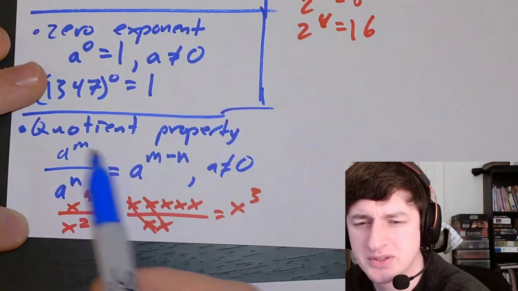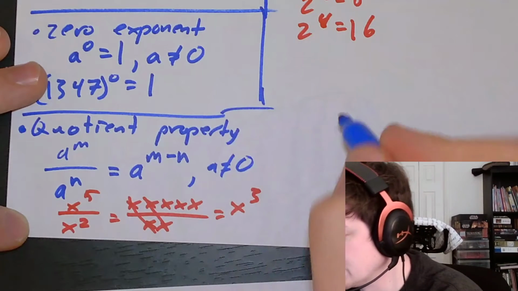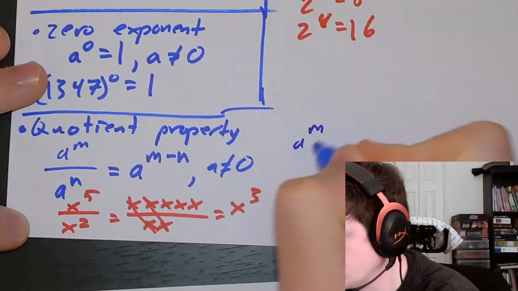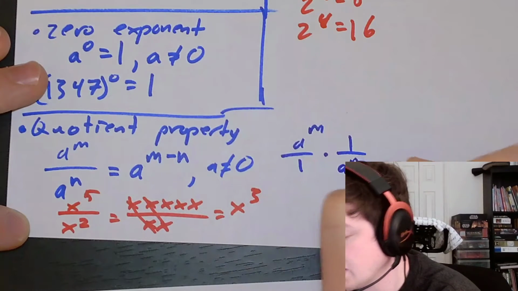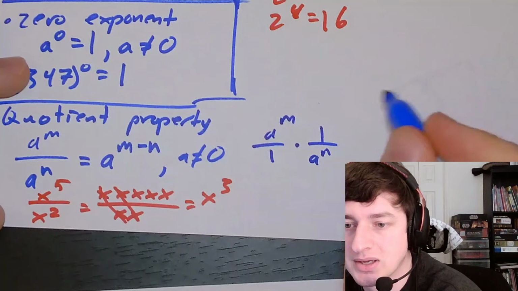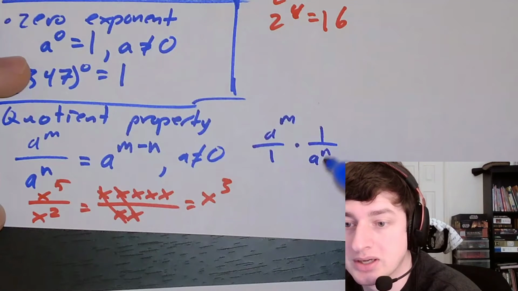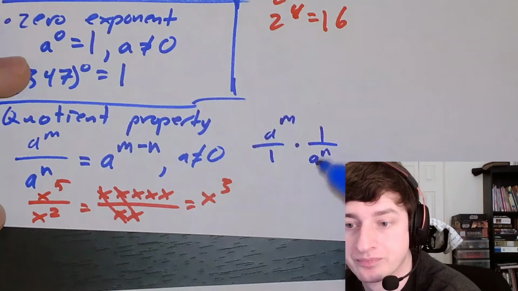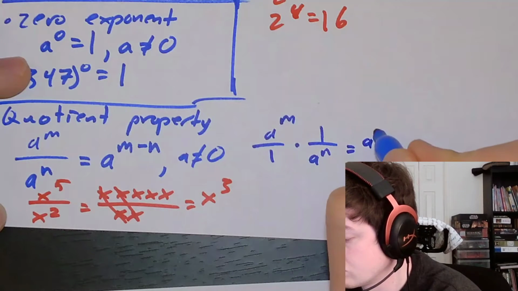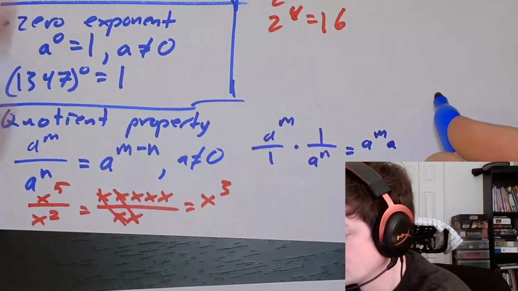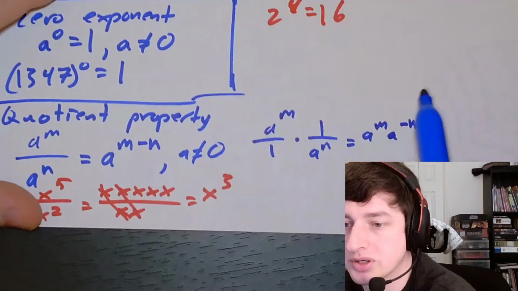The other way to think about this is that we're really doing a to the m over 1 times 1 over a to the n. And so this can be rewritten as a negative exponent. You don't need to write this.